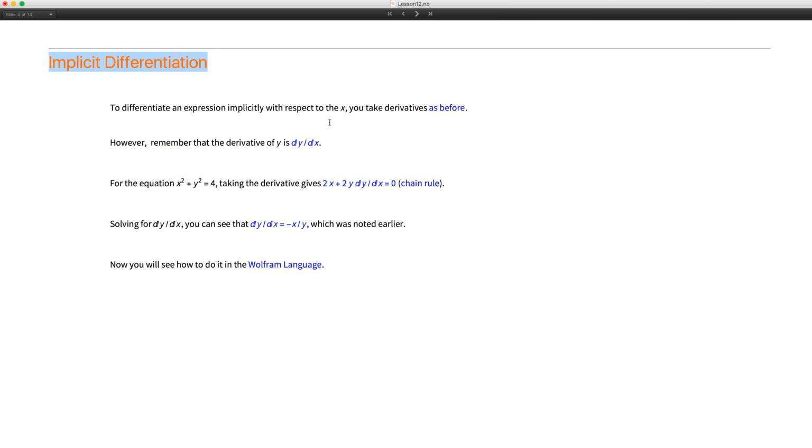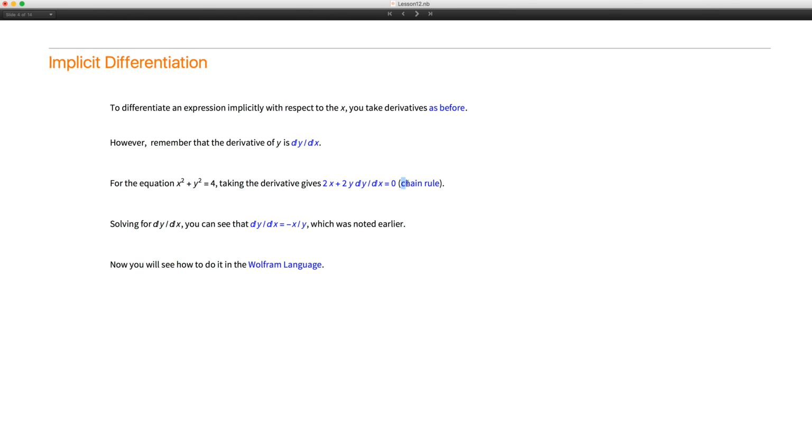The idea is very simple: whenever you find the derivative with respect to x, you work just as before. But if you have a y anywhere in your expression, then you also make sure to multiply by dy over dx. For example, here's the equation from the earlier slide, x squared plus y squared equal to 4. The derivative of x squared is 2x, and the derivative of y squared is not just 2y, but it is 2y times dy over dx.